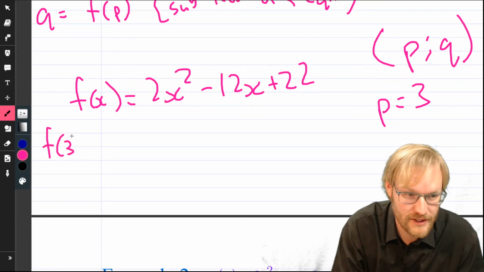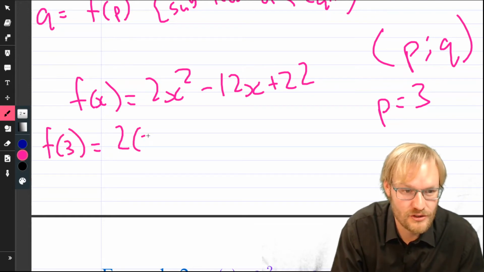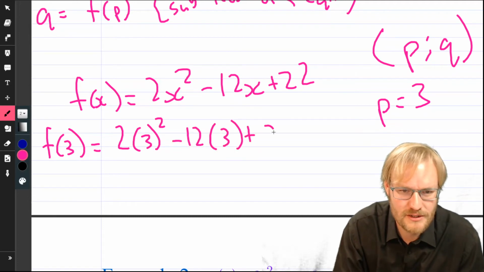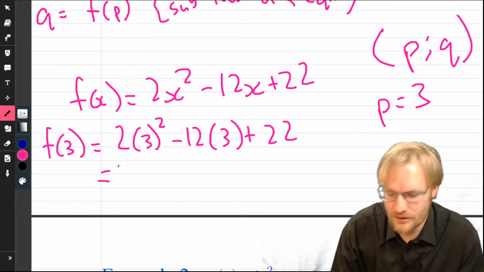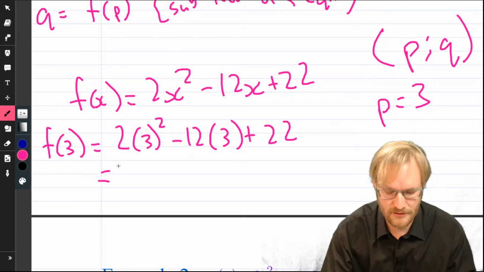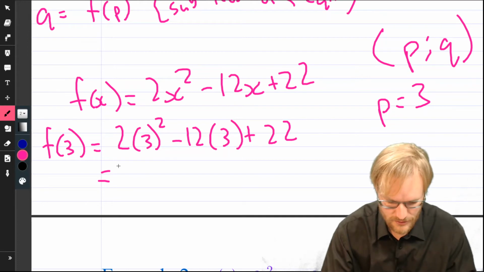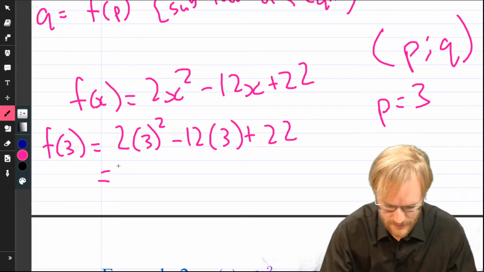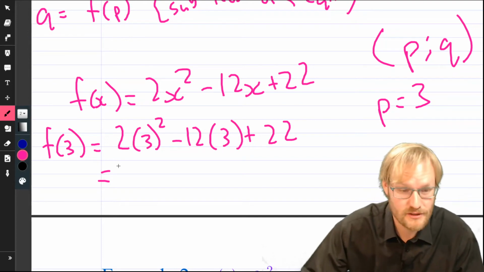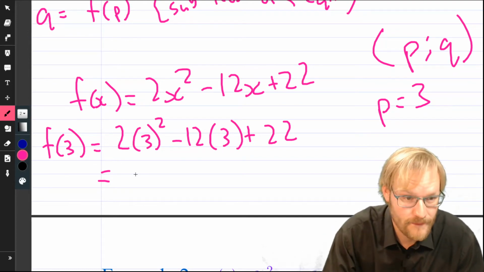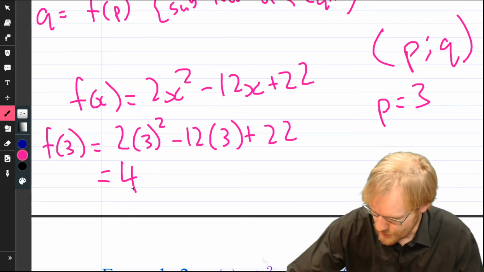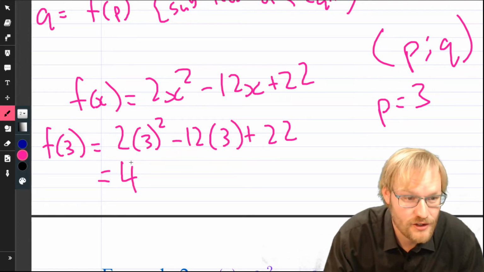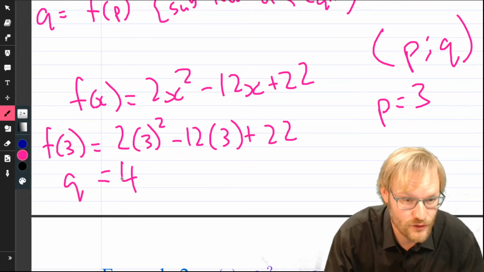So f of 3 is 2 times 3 squared, whenever we see an x, we're replacing it with a 3, minus 12 times 3 plus 22 equals, definitely calculator for this one, gives us 4. Okay, so we've worked out that our q value is 4.